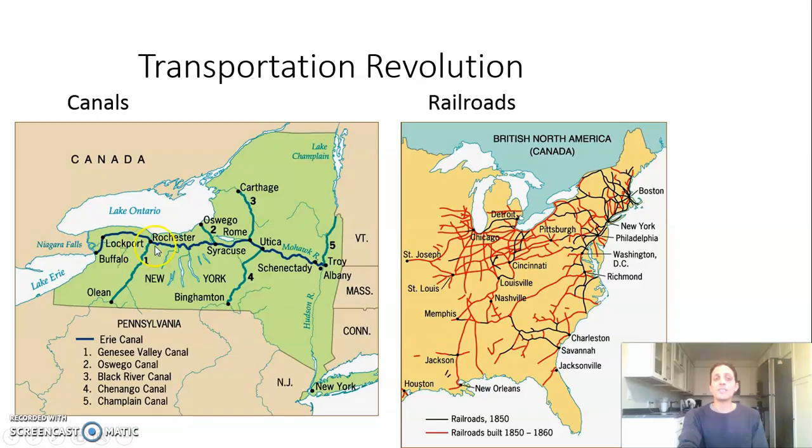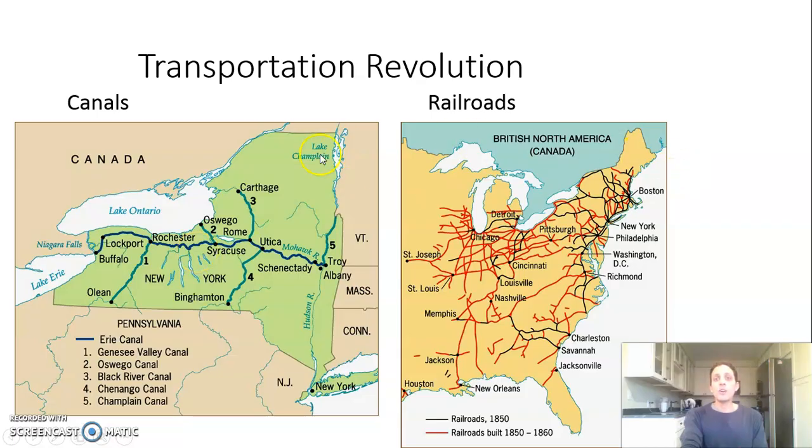What you're looking at here is the Erie Canal, financed by the New York State government and DeWitt Clinton, which really helped New York gain a lot of trade in the time period. Other states followed to try and build their own canal systems. And then you have private companies building railroads across the country.